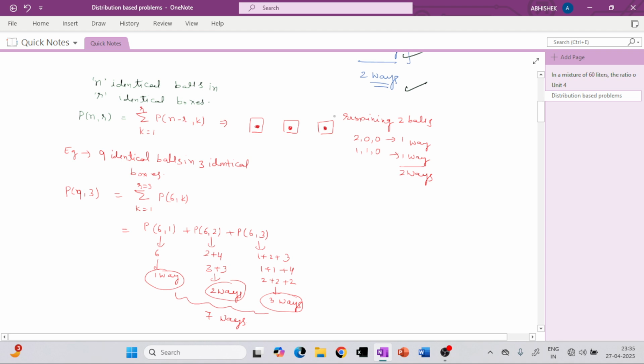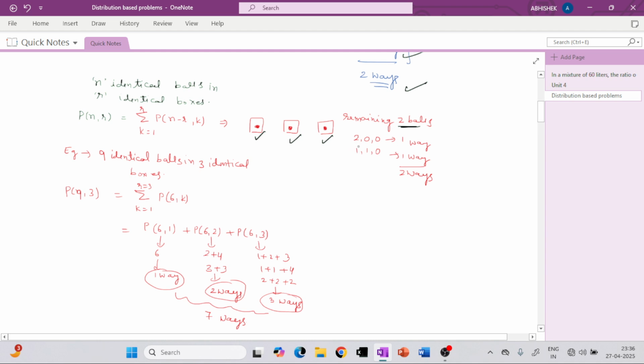Because no box remains empty, one ball must be kept in each box. So now the remaining number of balls will be 2. Now we have to keep these two balls in these three boxes, because the condition is already fulfilled, that is, no box is empty. So now we have to arrange the remaining two balls.